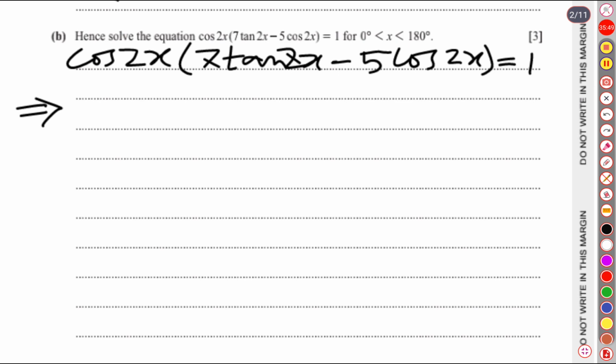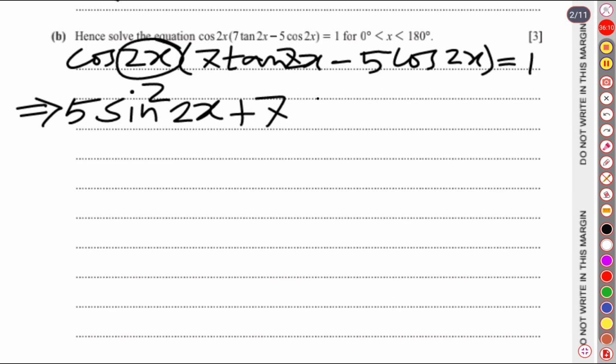It has been converted to 5 sine square 2x. From solution number 1, we are going to reuse this, just instead of theta we are writing 2x: 5 sine square 2x plus 7 sine 2x minus 6 equal to 0.